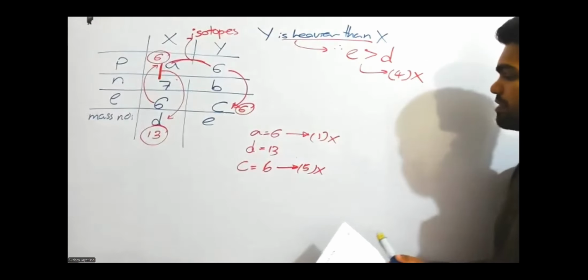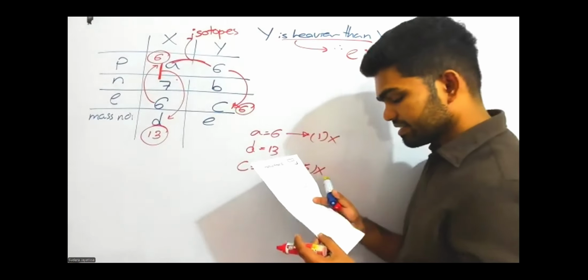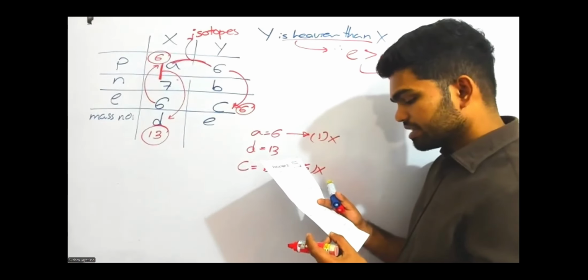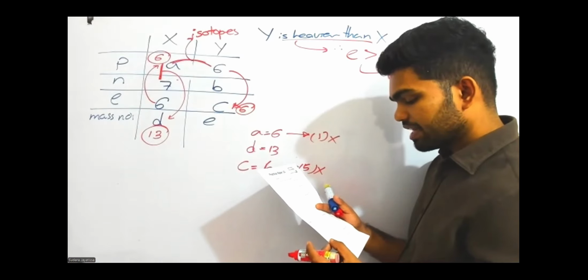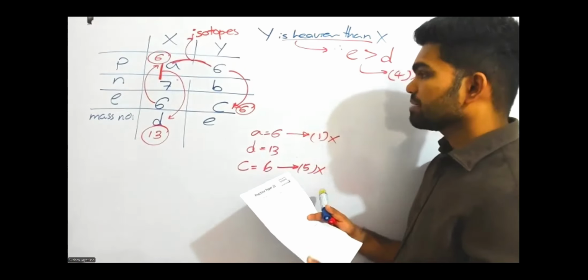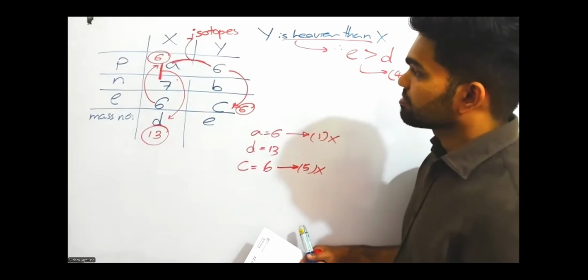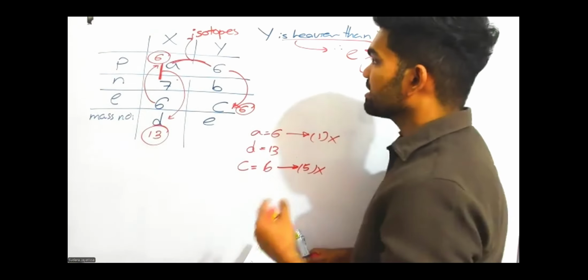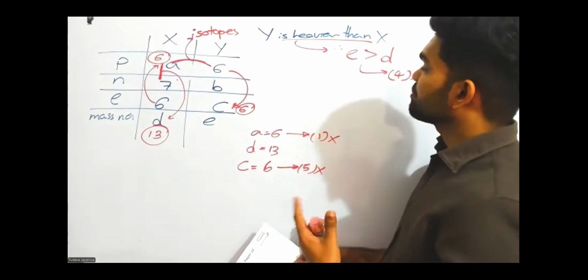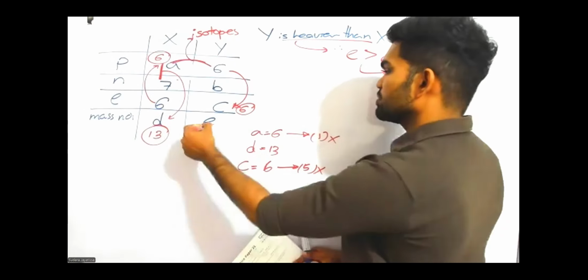So now we are left with only the second and third answers. The difference between the second and third answers is the value for B. B is the number of neutrons. If Y is heavier than X, then the mass number should be 14.